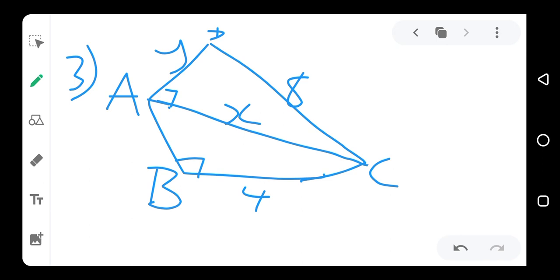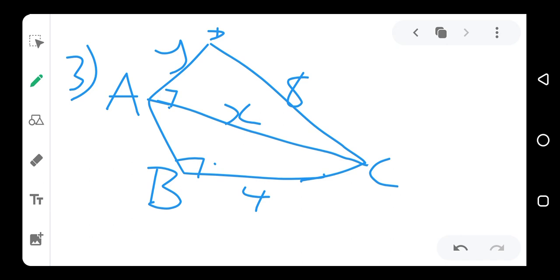So for ABC, there is a perpendicular side, which means that it is a right-angled triangle. Now ADC also has a perpendicular side, which means that we have two right-angled triangles inside this.